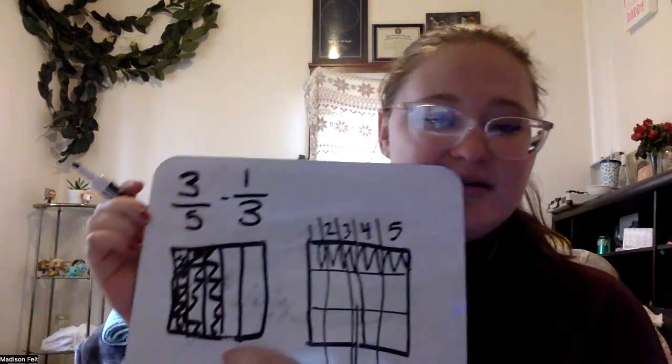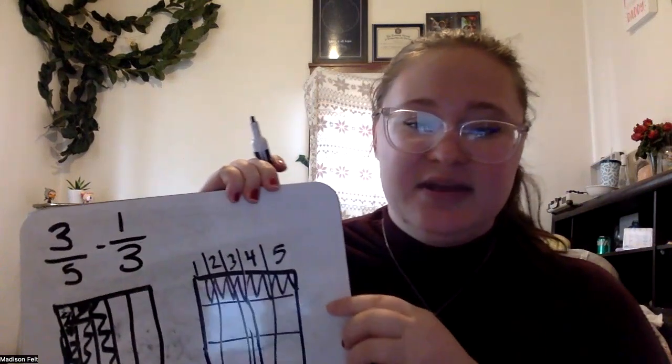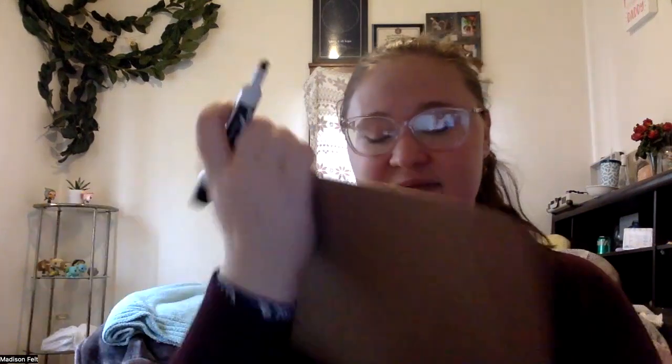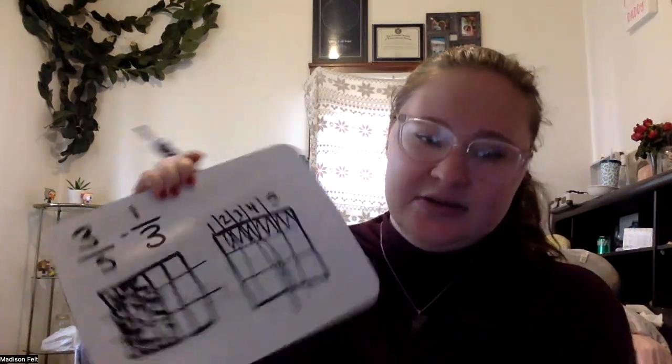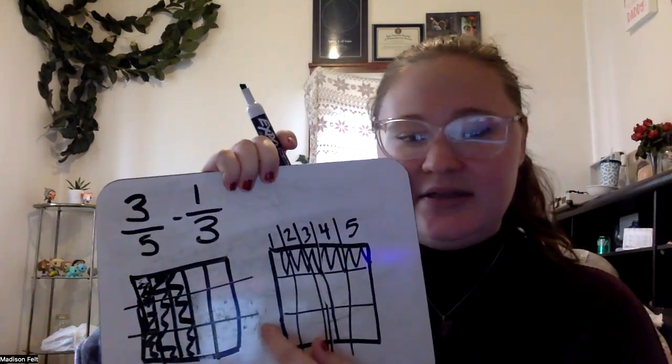So now what we're going to do is we are going to split our 3/5 into thirds here, just like how we split our 1/3 into fifths over here. So 1, 2, 3. You can see I had the lines come out a little further so we can tell.